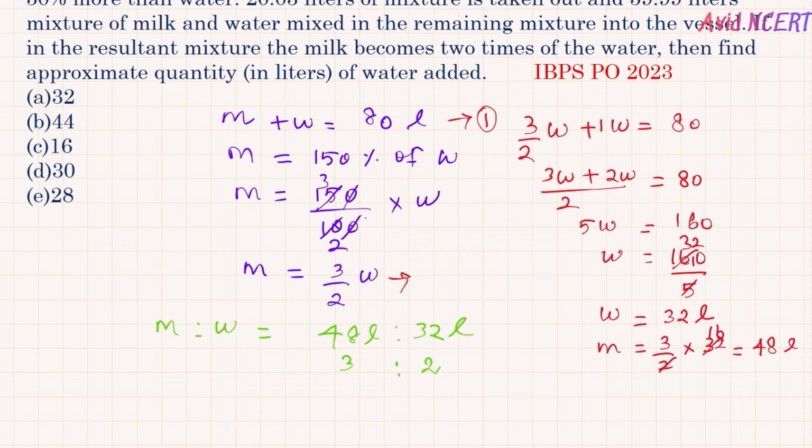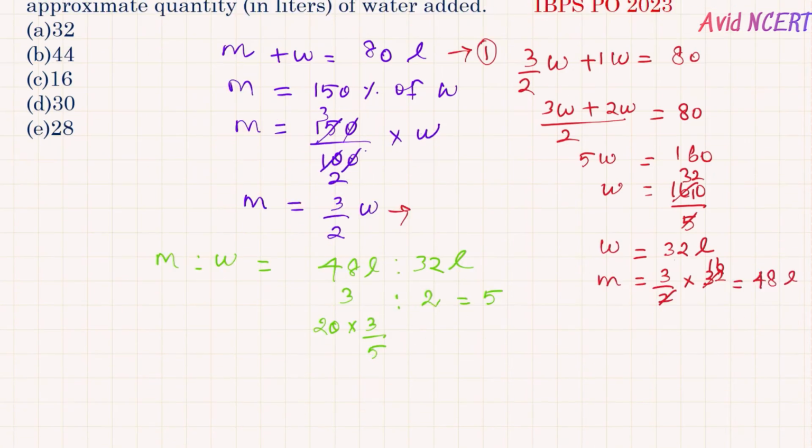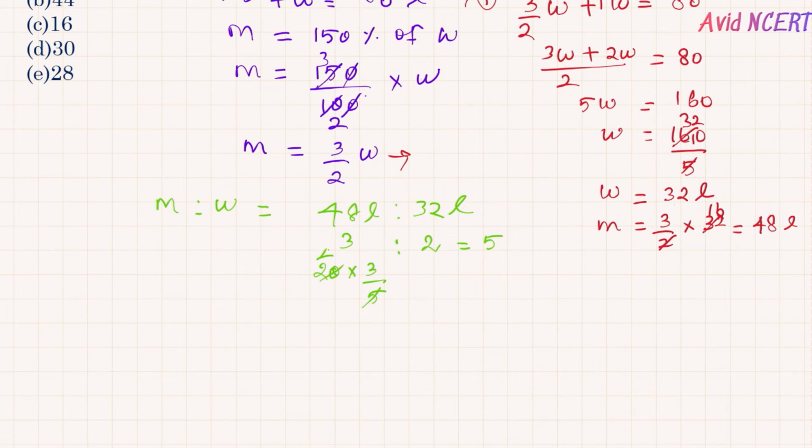So since 20 liters is taken out in the total mixture, 3 parts is milk out of the total 5 parts, which is 3 plus 2 equals 5. So 5 times 4 is 20, 4 times 3 is 12. So 12 liters of milk is taken out, and water, which is 20 mixture taken out, times this 2 parts out of the total 5 parts, 5 times 4 is 20, equals 8 liters of water taken out.